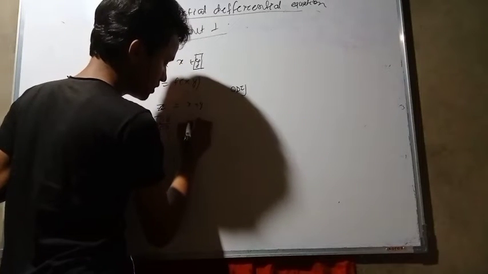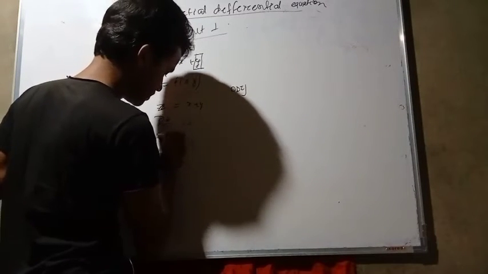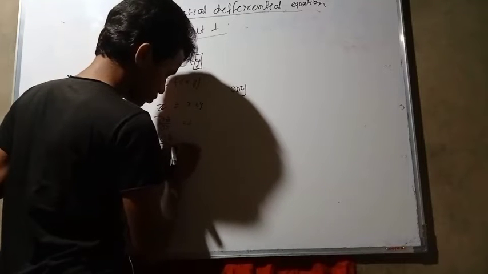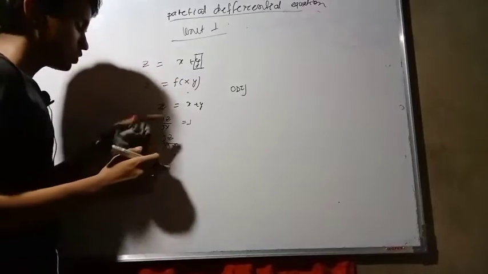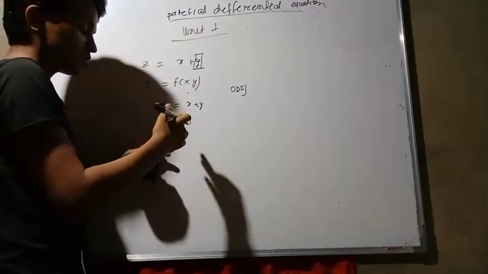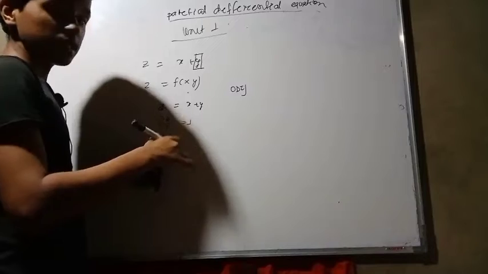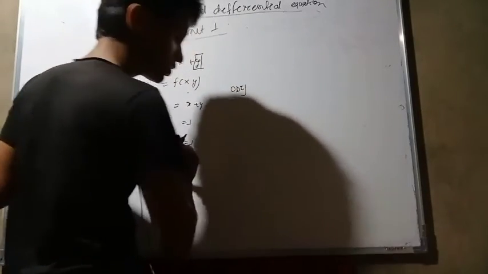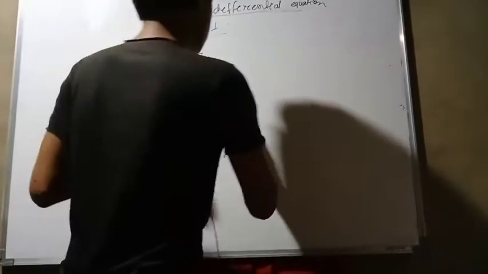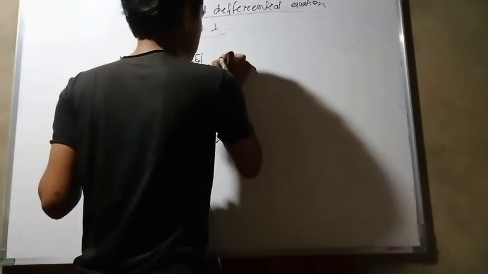So if we differentiate with respect to x, the other function is taken as a constant. Differentiation is like this.